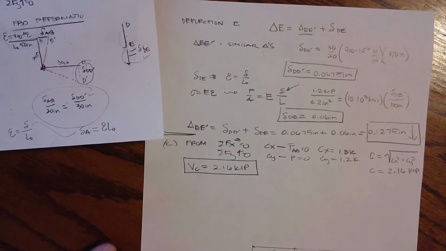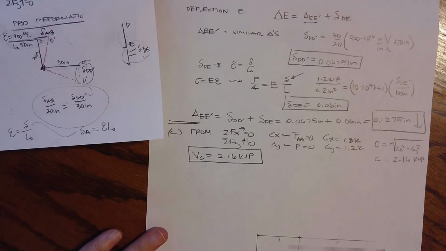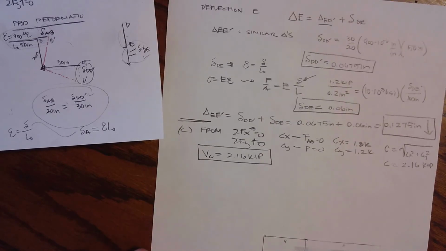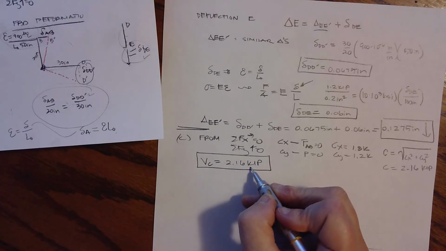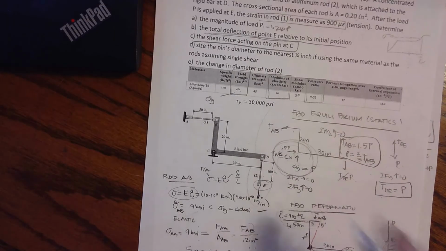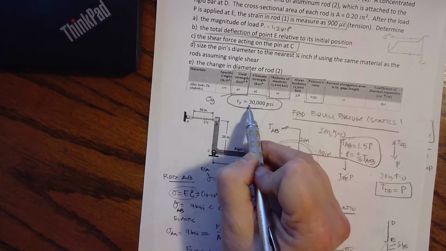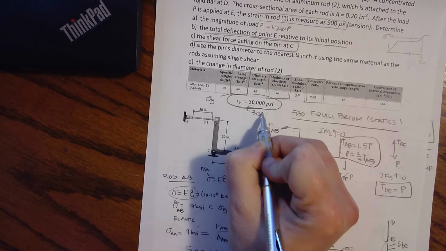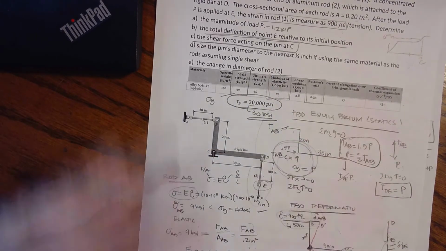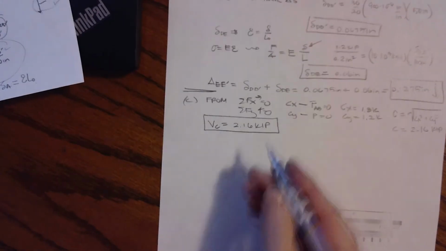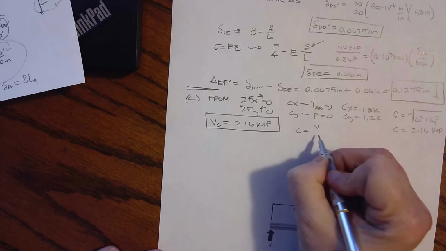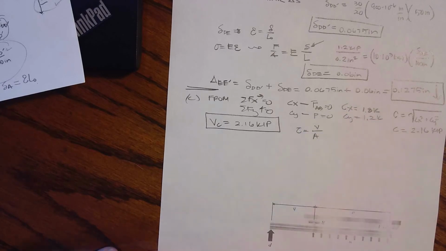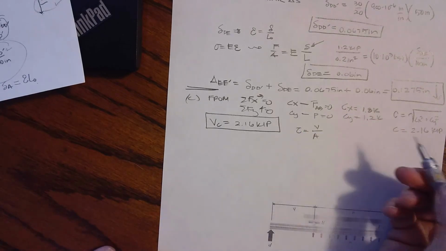Okay, so now I have to figure out how to design the pin. If I know that the shear is 2.16 kips, and I was given that my shear yielding is 30,000 psi, that's going to be 30 ksi. Then I know that shear stress equals shear force divided by area, and it's a pin, so we're going to have a diameter.